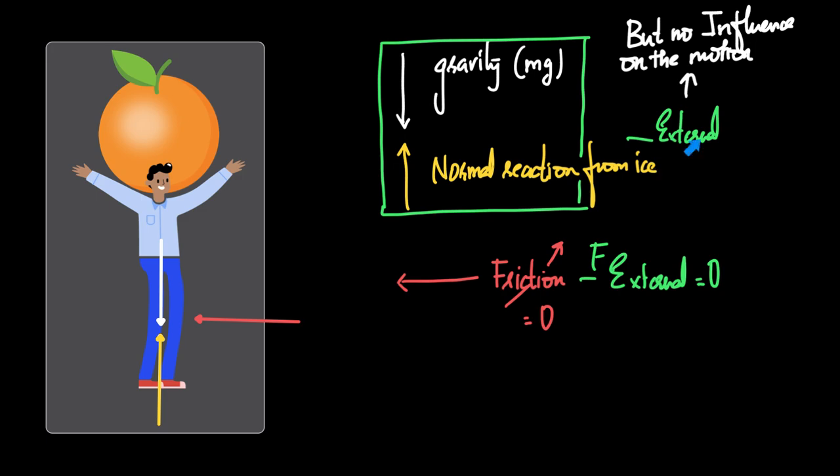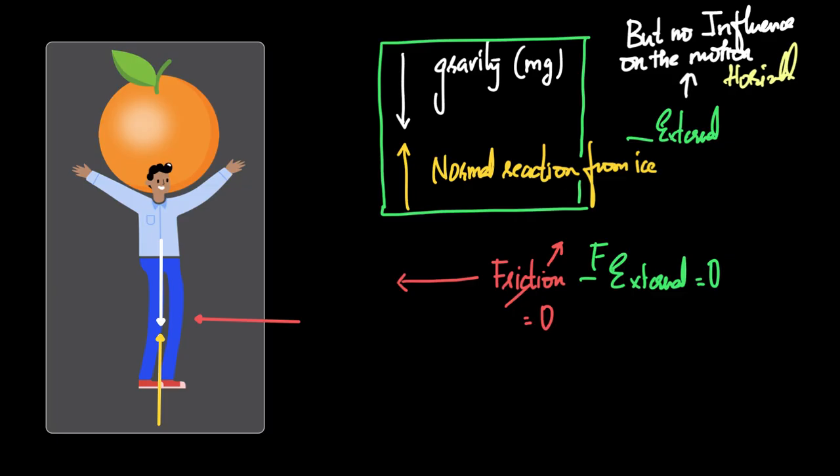Yes, it is definitely external. But the point here is this external force is balanced by the gravity, which is the reason why he's able to move around on the horizontal surface. And also, it is not influencing the motion. Which motion? The horizontal motion.